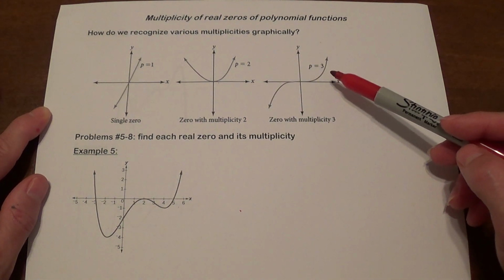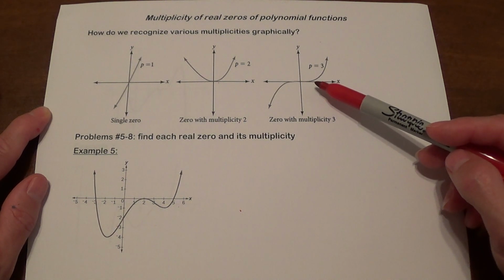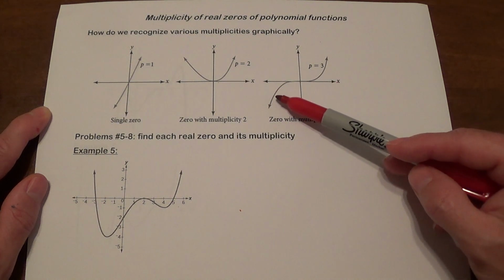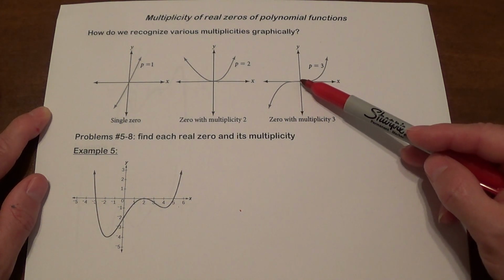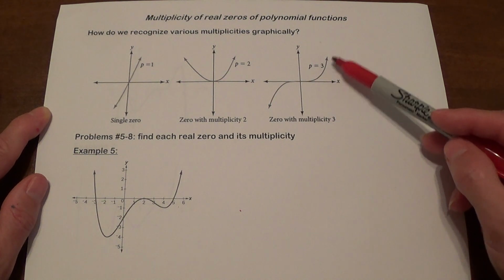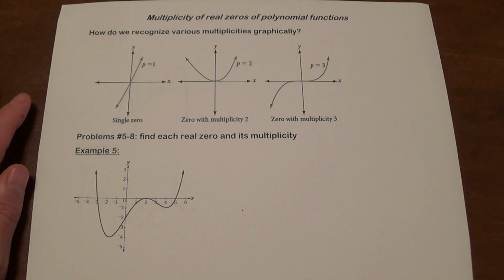Any multiplicity that's 3, or possibly 5 or 7, any odd multiplicity above 1, is going to have this type of behavior. When the graph is going to be rising, then it kind of flattens for a brief moment and continues to rise, or vice versa. So this is what the different multiplicities show up like on the graph.